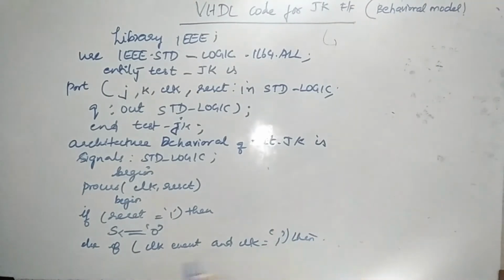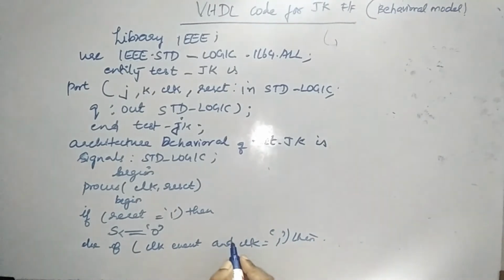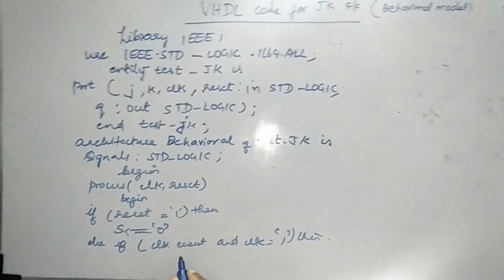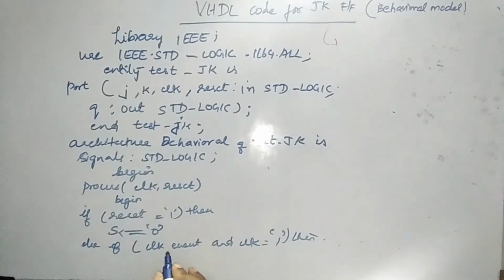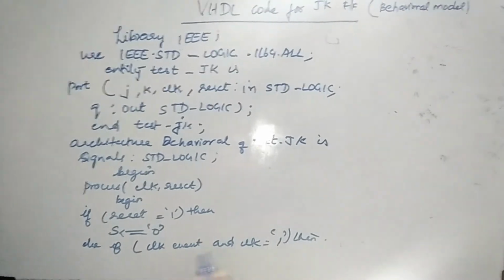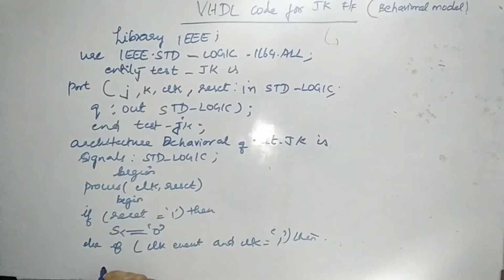Students, when I say clock event and clock is equal to 1, we know that a clock event is either the rising edge or the falling edge. This clock event is very important for a flip-flop to work. Considering the rising edge here, that is why I say clock event and clock is equal to 1. Then what happens?